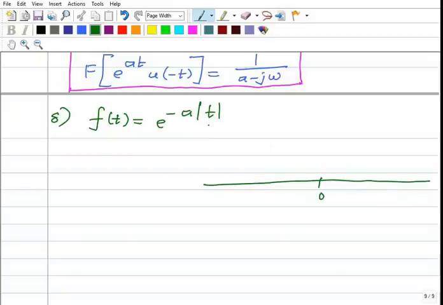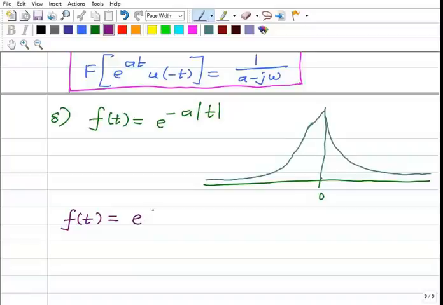When t is positive, e power minus at, so how will it be? Is it an exponentially decaying signal? When t is negative, already there is a minus, so e power at. Will it be an exponentially growing signal? So can I write like this? F of t is e power plus at into u of minus t plus e power minus at u of t.